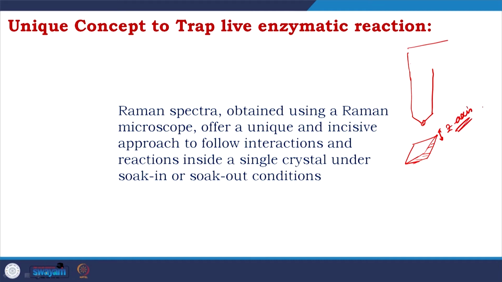Now, imagine you are not taking the light, you are taking the Raman spectra by putting a Raman monochromator and receiving that. So, what is happening? Now, your sample is this, you are replacing a liquid sample with a crystal.